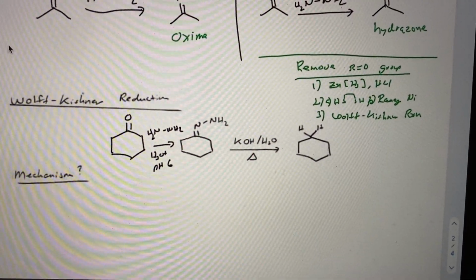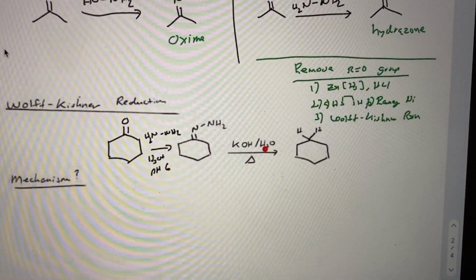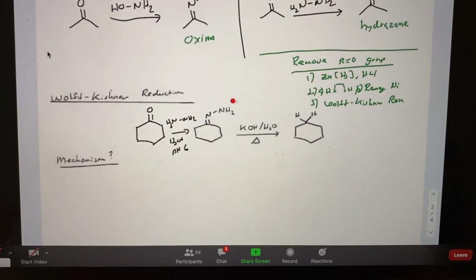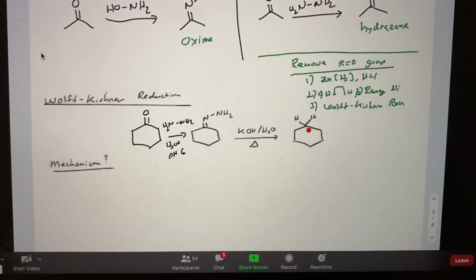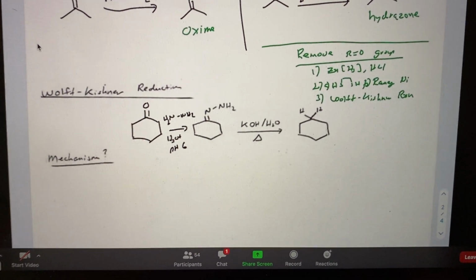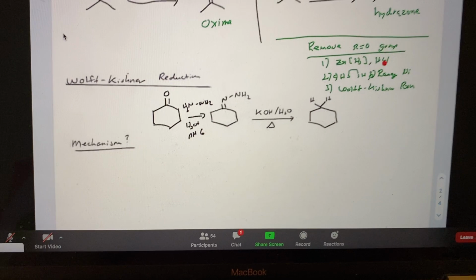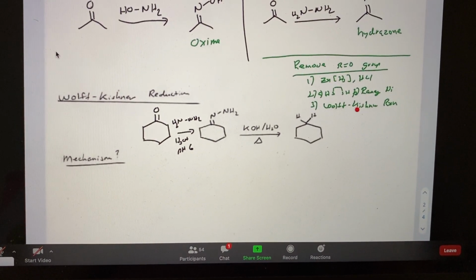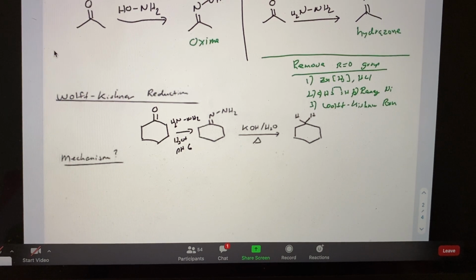And then in the presence of strong base and water and heat, so pretty vigorous conditions, you can actually turn this hydrazone into an alkane. So that gives us our third way to remove a carbonyl group. And really why it's interesting is one here is acidic conditions, two is neutral conditions, three is under basic conditions, so potassium hydroxide.